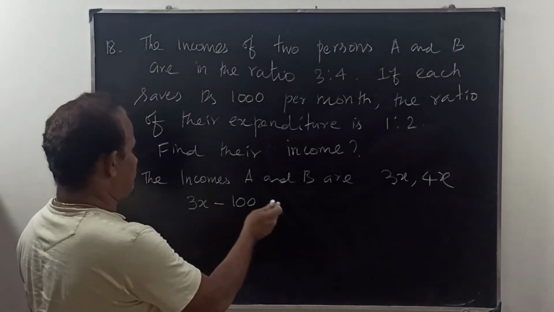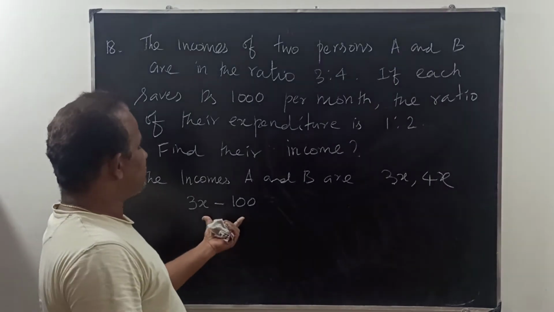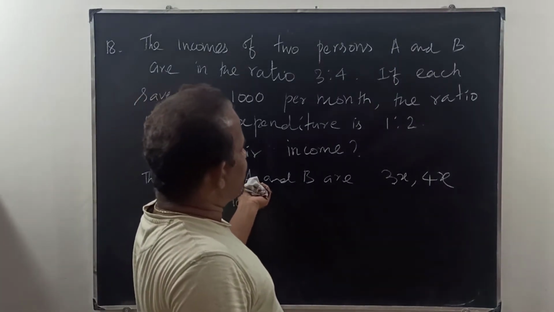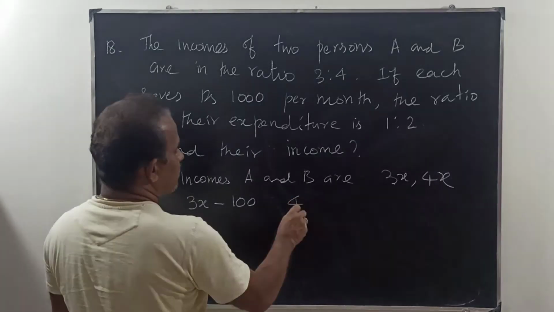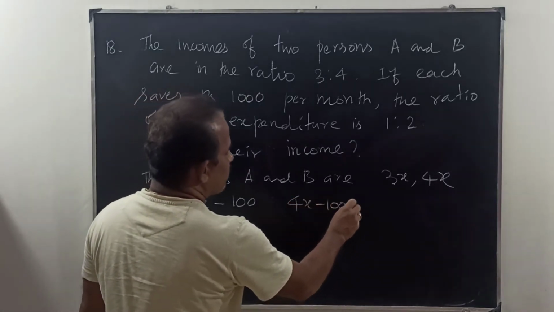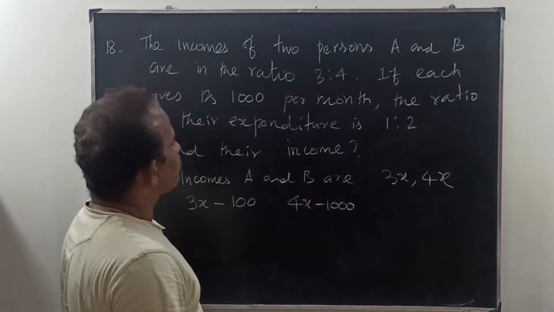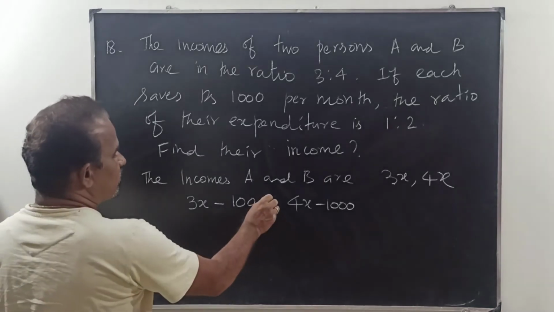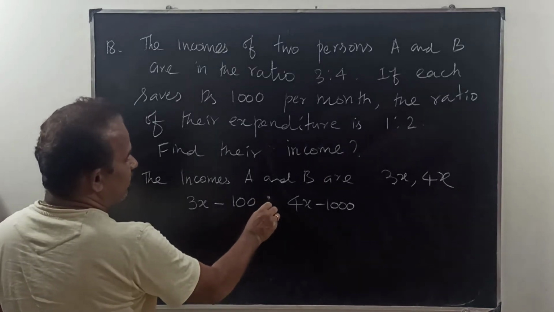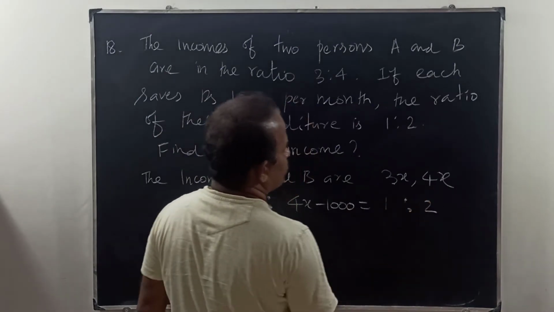So 3x minus 1000 is the expenditure of person A. Similarly, 4x minus 1000 is the expenditure of person B. The expenditure ratio is also given, equal to 1:2.